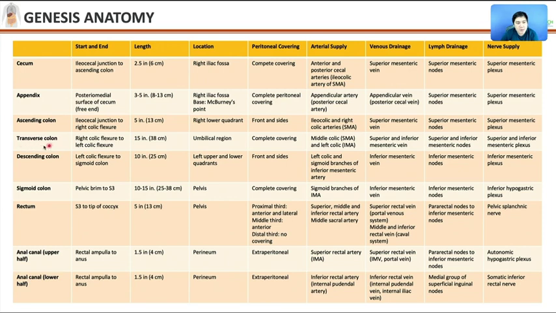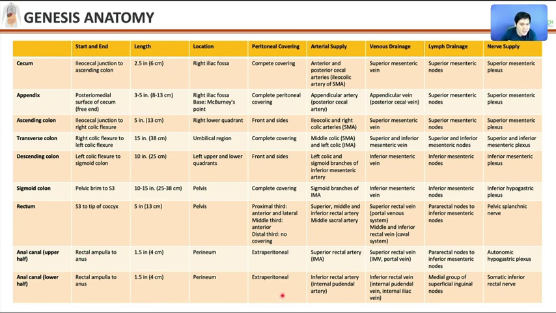Starting from the distal part of the transverse colon up to the upper half of the anal canal, all of them will be supplied by the inferior mesenteric artery, drained by the inferior mesenteric vein and inferior mesenteric nodes, and supplied by the inferior mesenteric plexus.